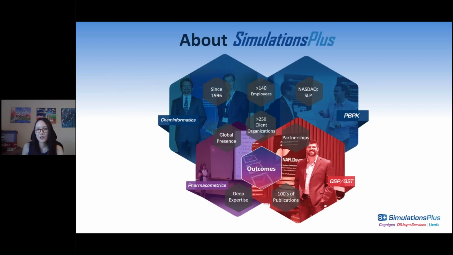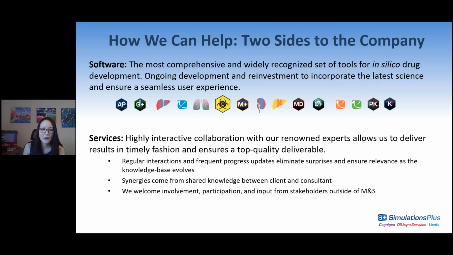So with that, let me start with the introduction. Here at Simulations Plus, we have expertise in cheminformatics, physiologically based pharmacokinetic modeling, quantitative systems pharmacology and toxicology modeling, and pharmacometrics. We have multiple software platforms that cover these different areas.